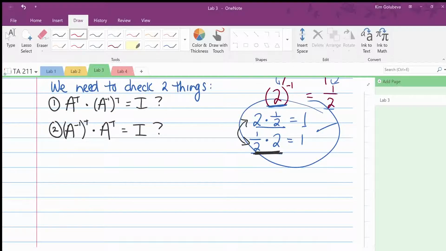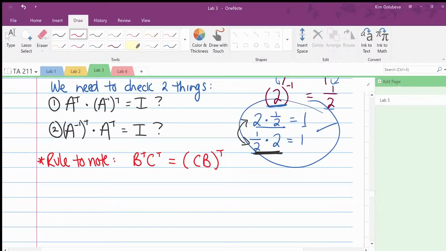An important rule to note before we begin is that if we have B transpose multiplied by C transpose, 2 matrices both transposed, it's equal to (CB) transpose.